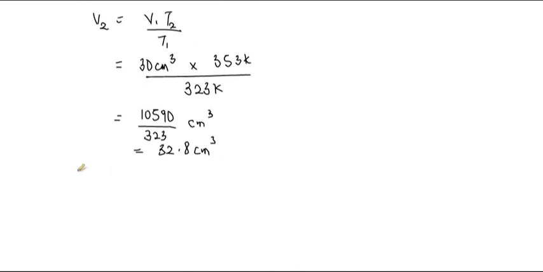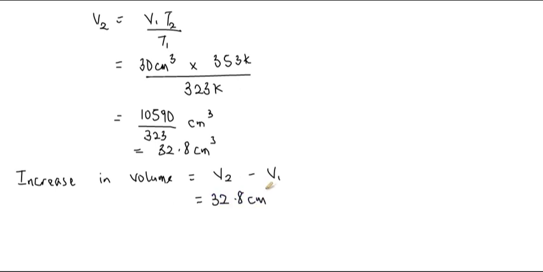So increase in volume equals V2 minus V1, and that is 32.8 centimeter cube from what we did minus the initial volume, which is 30 centimeter cube. So this gives 2.8 centimeter cube. So the increase in volume of the gas is 2.8 centimeter cube.